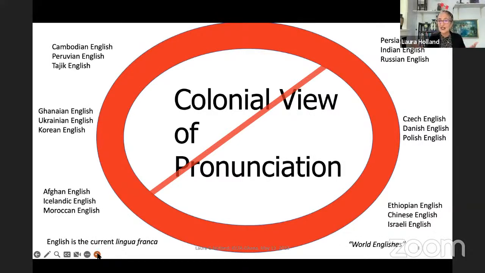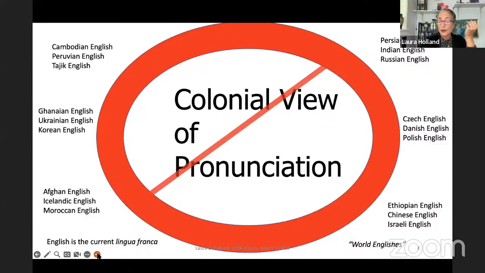Well, the English language field does not want to be imposing a colonial view of pronunciation on the rest of the English speaking world. We understand that there is such a thing as Cambodian English and Peruvian English and Tajik English and Ghanaian English and Ukrainian and Korean and Afghan and Icelandic and Moroccan English, right?